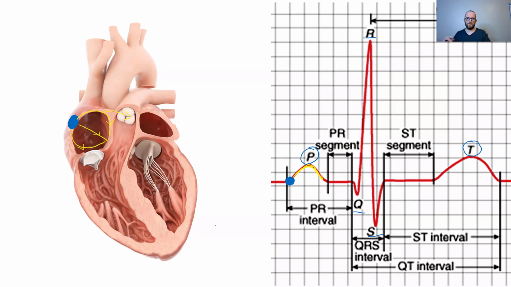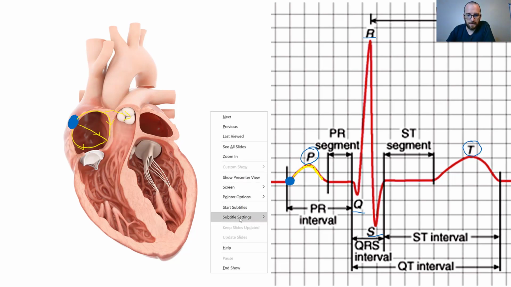Some of them are negative electrodes, some of them are positive electrodes, and all we're doing is looking at which way electricity is moving. So the only way you get squiggly lines to show up on the monitor is if that electricity is moving through the heart. As that electricity moves through the atria specifically, it generates that little bump that we call the P wave.